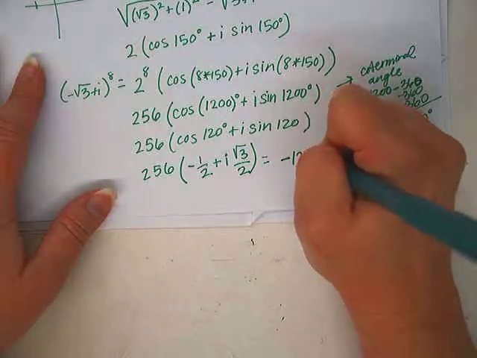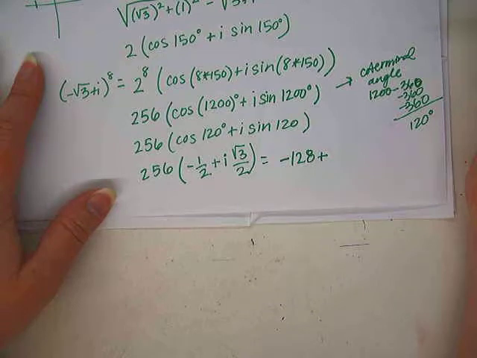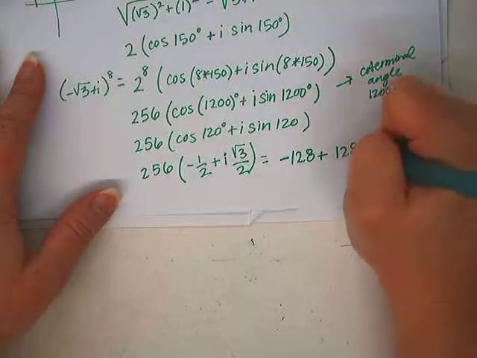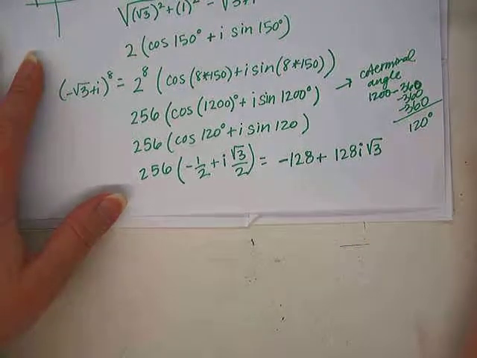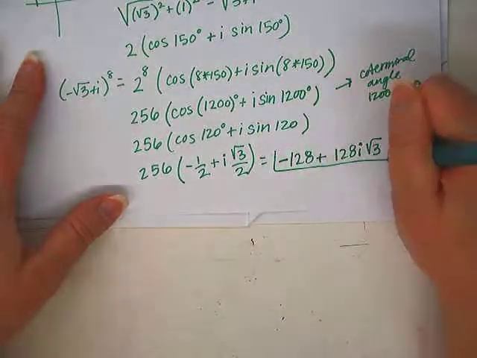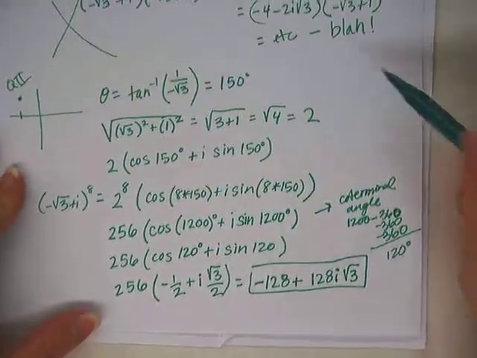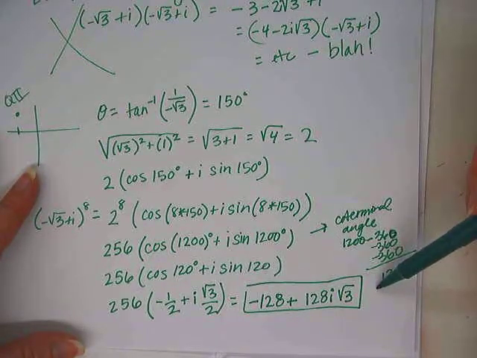Yes, indeed. So now we just multiply it through and simplify it. 256 times a negative 1/2 is a negative 128. And 256 times square root of 3 over 2 is 128 times I times the square root of 3, because the 2 divided into 256. And there's our final answer.